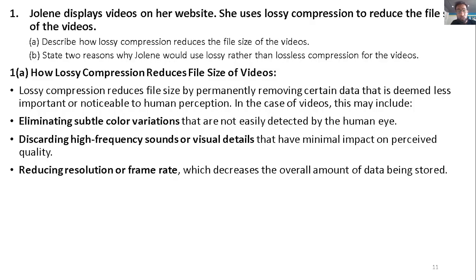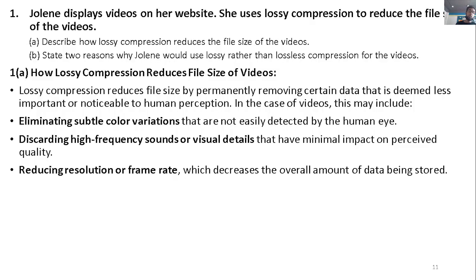In the case of videos, this may include eliminating subtle color variations that are not easily detected by the human eye, discarding high frequency sounds or visual details that have minimal impact on perceived quality, or reducing resolution or frame rate, which decreases the overall amount of data being stored.